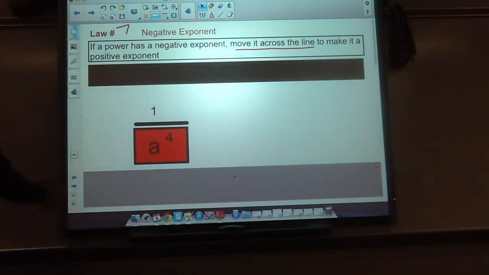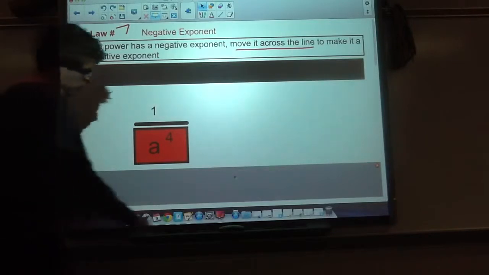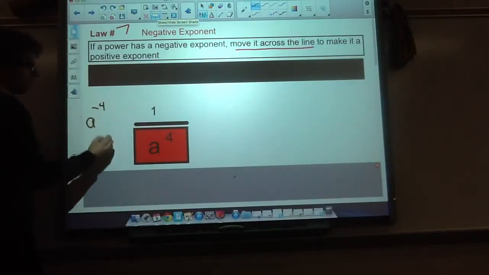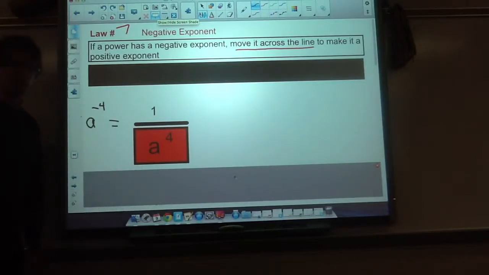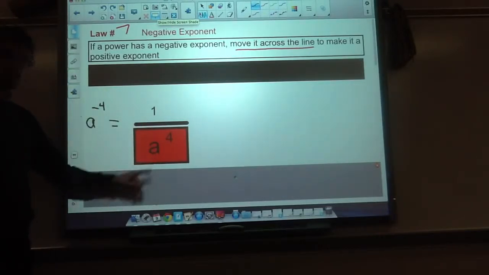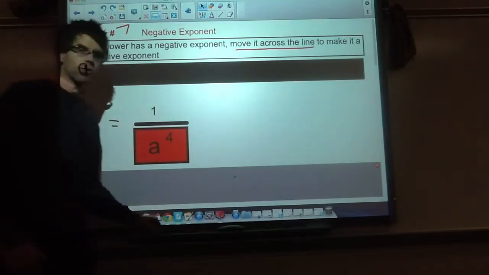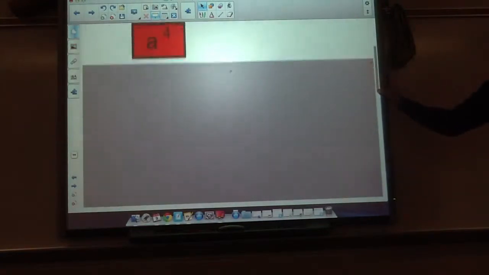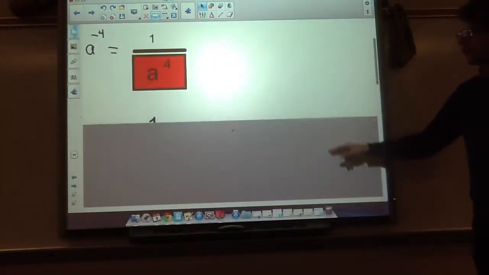And so now we are left with a 1 over a to the positive 4th power. Folks, that is the magic trick of the year. So let's just recap here. A to the power of negative 4 is equal to, and should be represented as, 1 over a to the positive 4th power.